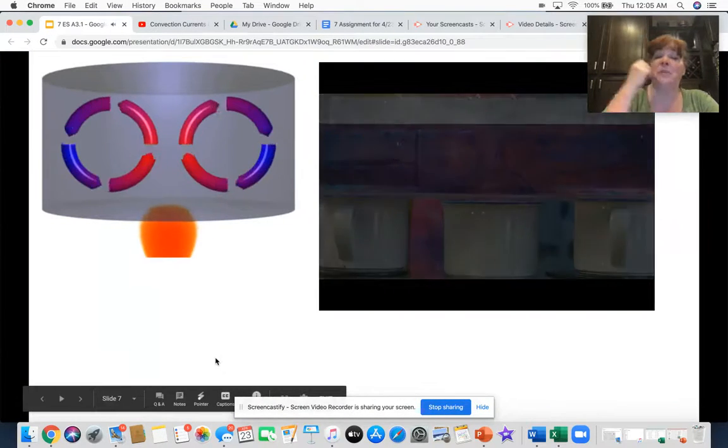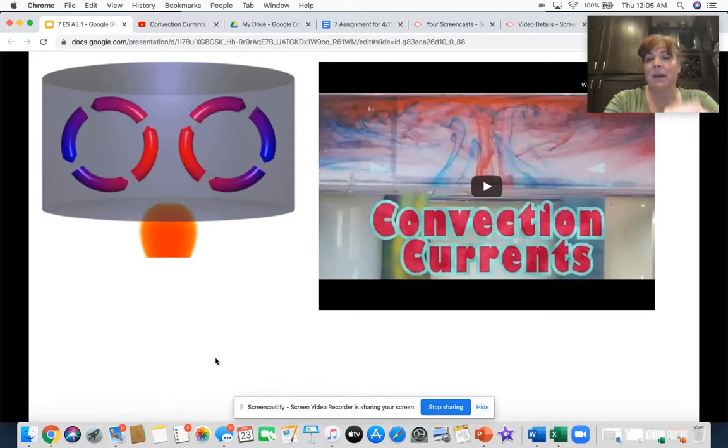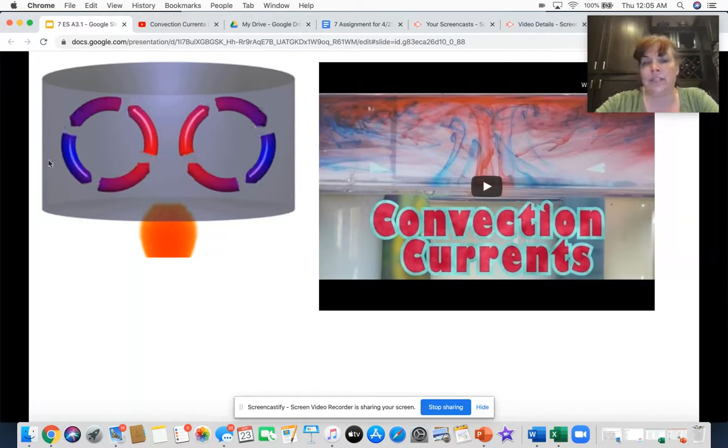All right, so even though that was taking place in water, the exact same concept happens in air, okay? So let's do this as an air current now. So I have a heat source down here. In everyday life on our planet, the sun's energy comes down and heats up the ground. The ground releases that energy up into the air.